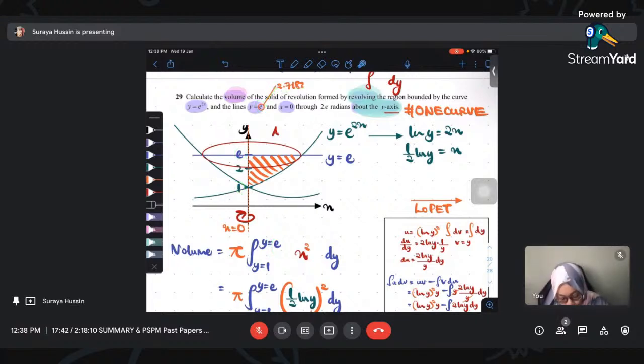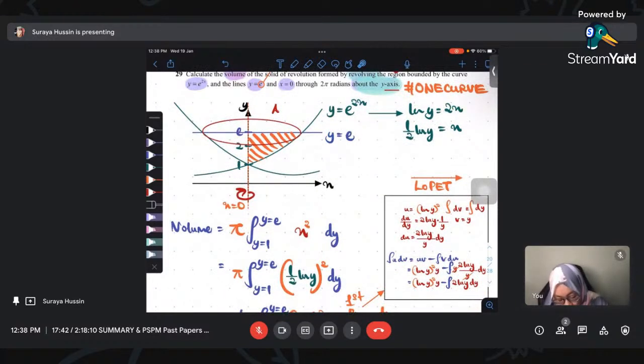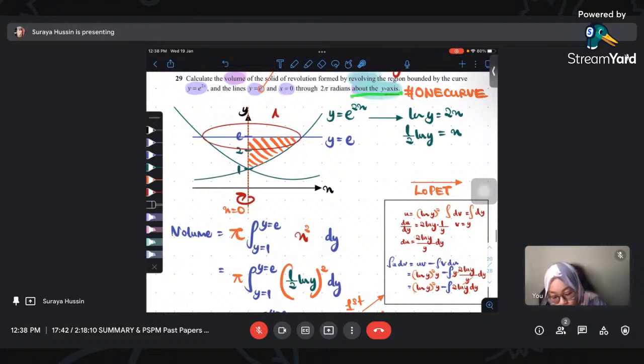Now, Miss, why did you choose the y value? Why did you choose with respect to y? The reason is, whenever it says revolving about, this is what I want to emphasise. Revolving about.